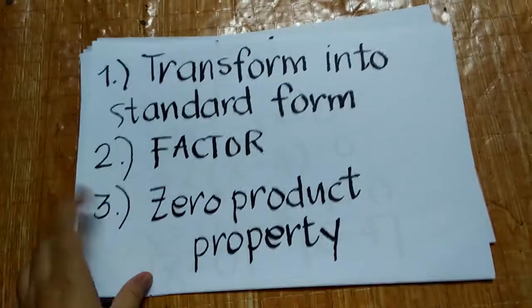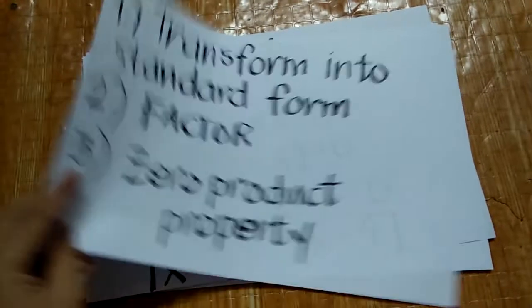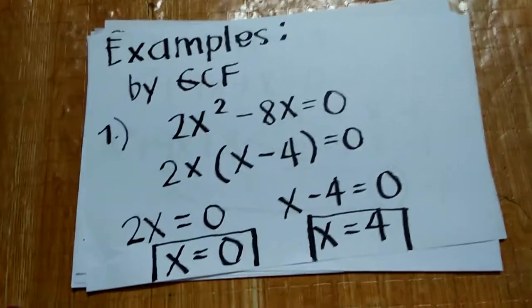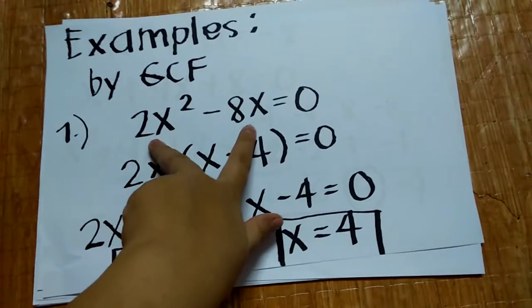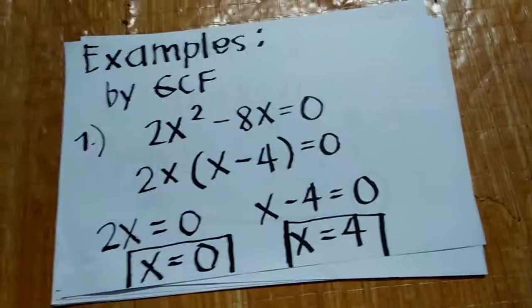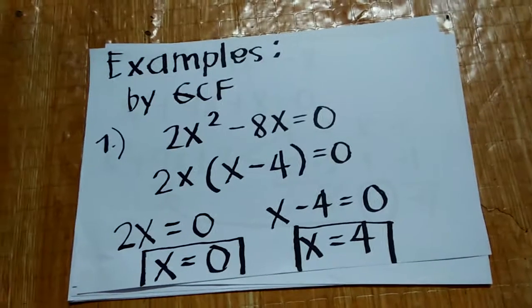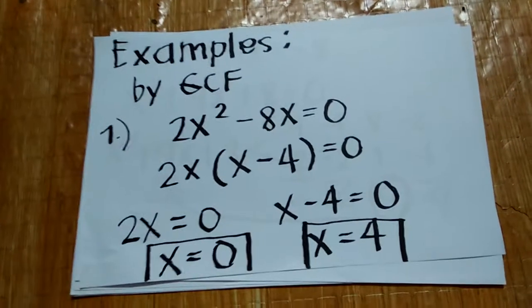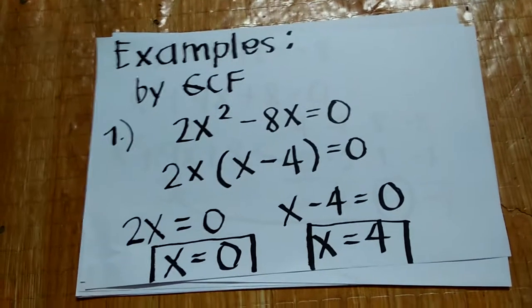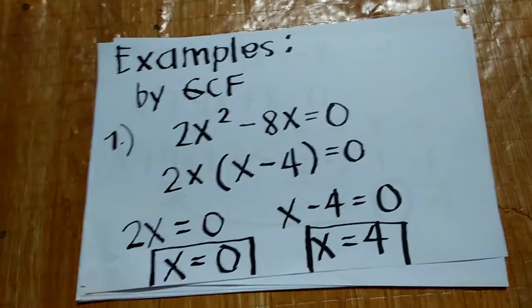Okay? Para mas maintindihan natin to, I'm going to give you examples. So, the first example is by GCF. Makikita ninyo, quadratic equation siya pero 2 terms lang. Dalawa lang yung term. So, pag ganito yung case, apply lang natin yung GCF or yung greatest common factor. Finding the greatest common factor para ma-solve natin siya.